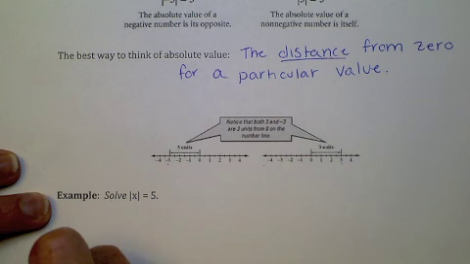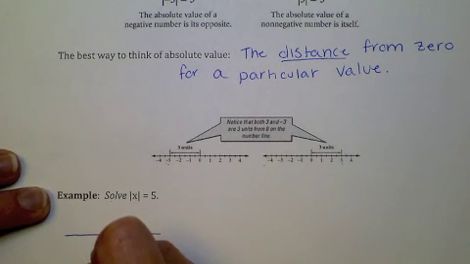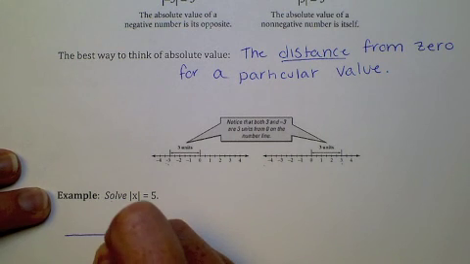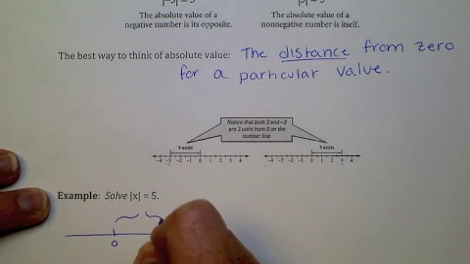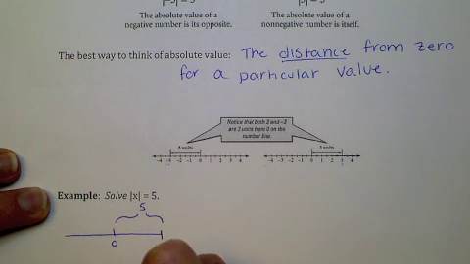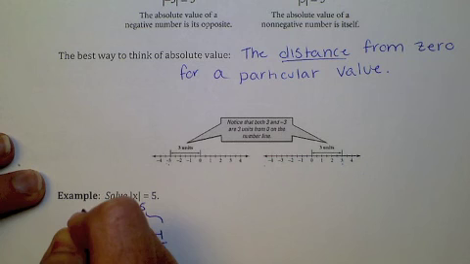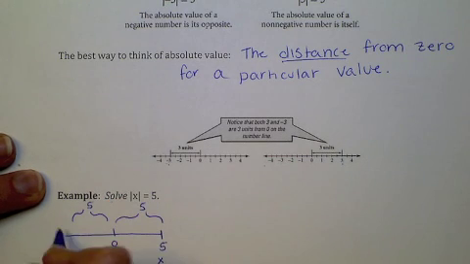What we're saying is that x, the stuff on the inside here, x is 5 units from 0, which if we go 5 in the positive direction, that puts us at a value of 5. So x could be here. However, we can go 5 units in this direction. If we go in the negative direction, that puts us at -5. And so x could be there.